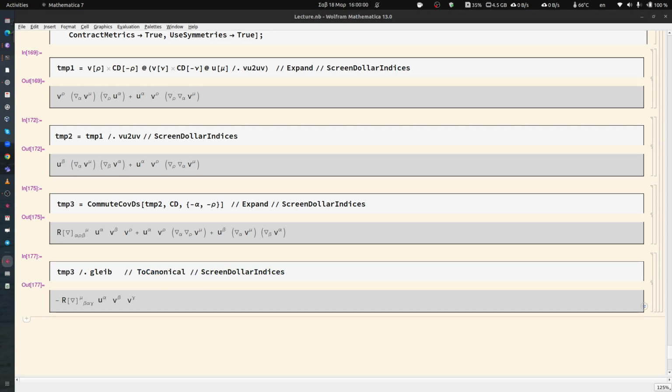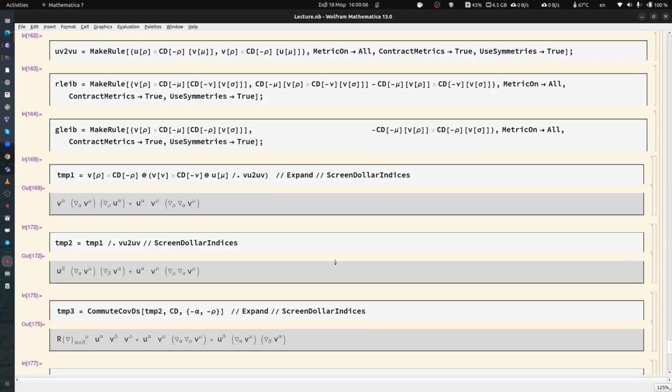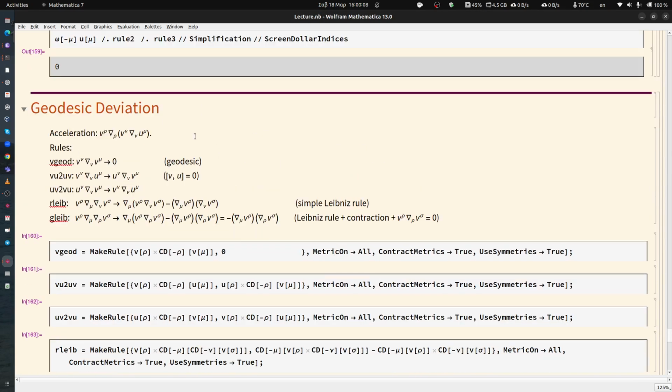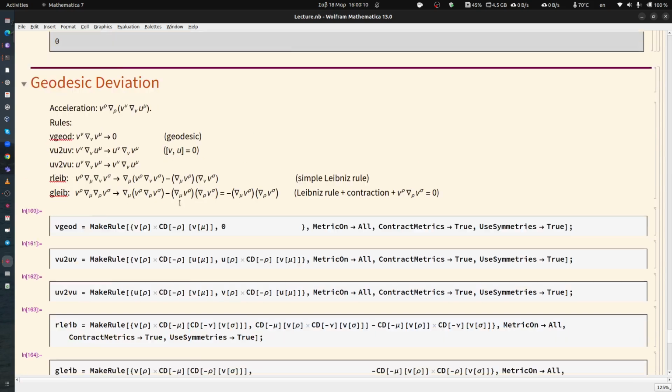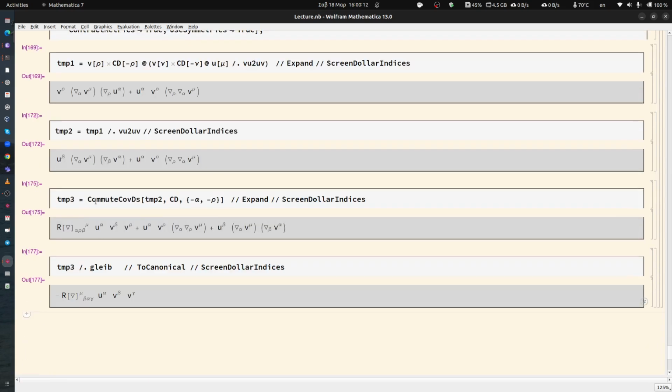And that is the geodesic deviation equation that tells us that this acceleration here is proportional to the Riemann tensor.